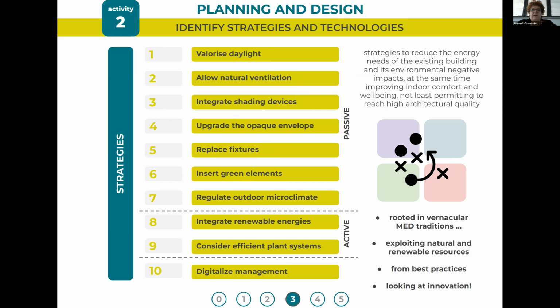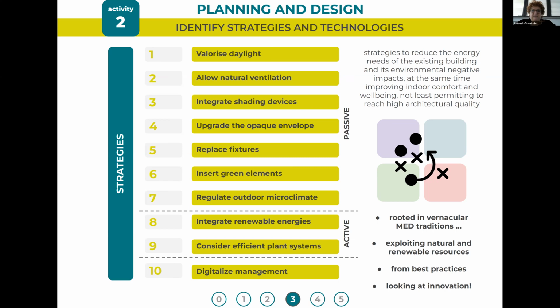So the strategy is to valorize the lighting, to allow natural ventilation, integrate shading devices, upgrade the opaque wall, so the elements of the opaque envelope, replace, of course, the fixtures, so implementing the quality of the windows, and integrate green elements, so creating an outdoor microclimate, implementing the relation between the buildings, thanks to the envelope, with the outdoor climate condition.